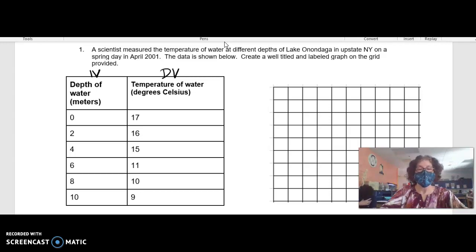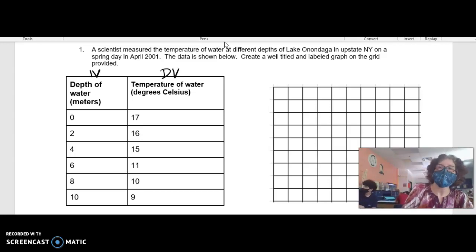Okay. So whenever you do a title, and many of you handed in graphs with no titles at all, titles in this class are going to be really simple. It's always going to be the same. You're going to say the effect of whatever the IV is on whatever the DV is, and you just fill in those blanks.